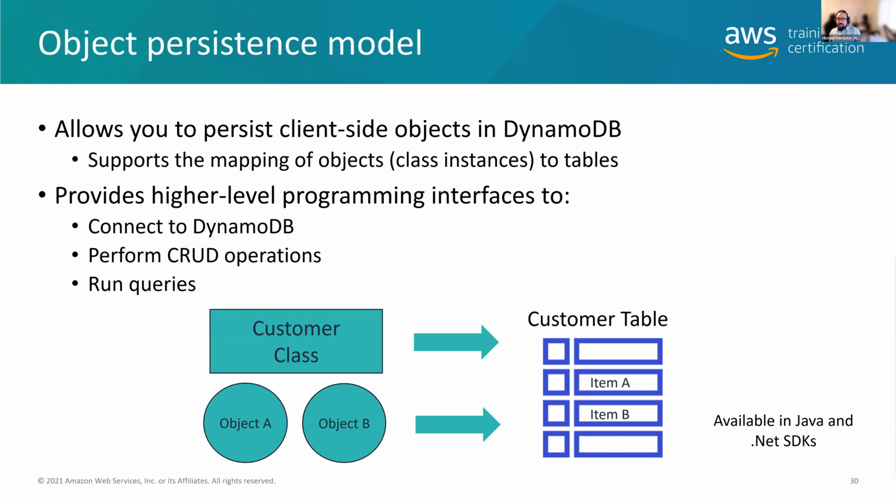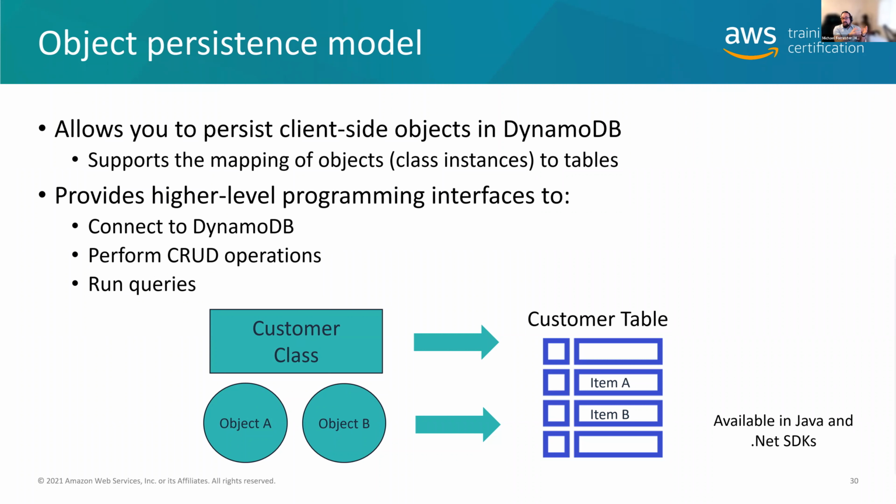Just note that there is an object persistence model. I think it only works in Java and .NET. Oh, never mind, it says in the lower right-hand side, available in Java and .NET. The object persistence model allows you to do CRUD operations and run queries, because it allows you to map client-side classes to DynamoDB tables.